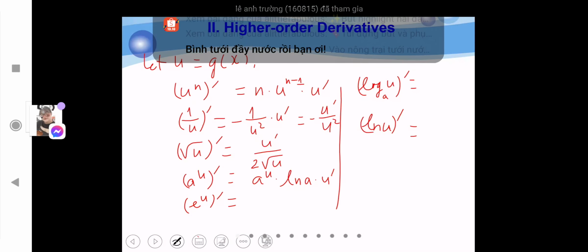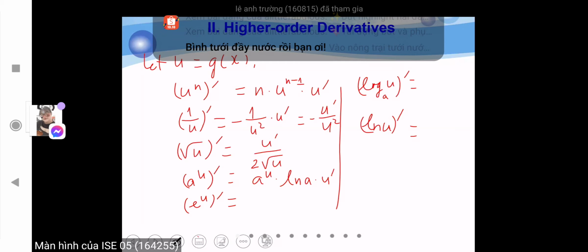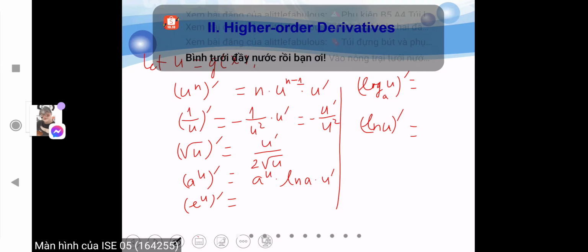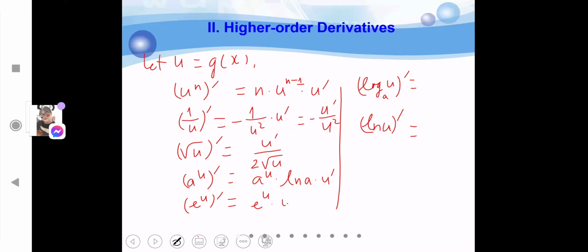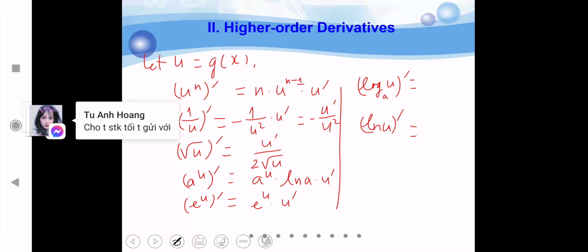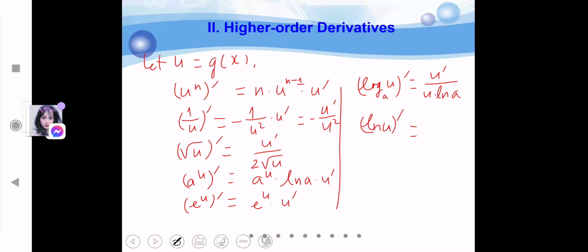Okay, and e to the power u equals the special case: e to the power u times u prime, natural log of e equals 1. Okay, and the last formula. Logarithm base a of u equals u prime over u times natural log of a, and natural log of u equals u prime over u. Okay, so you write for me these formulas.